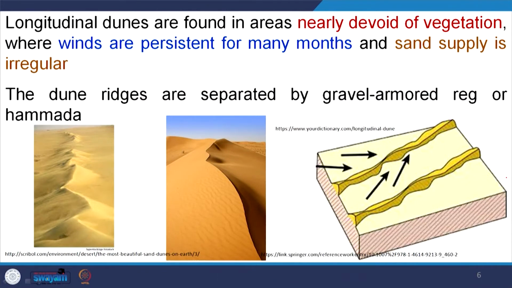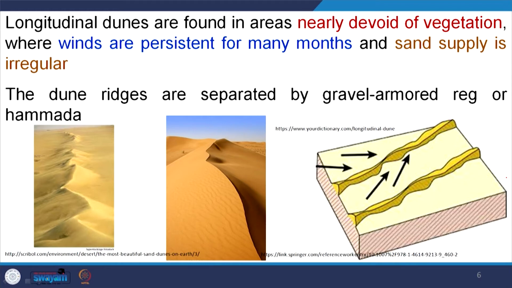Longitudinal dunes are found in areas nearly devoid of vegetation, because when we are talking about a longitudinal dune of hundreds of kilometers, to distribute the sand in a linear fashion up to that distance the area should be devoid of any obstacle. Areas having vegetation will not allow such an undisturbed dune to form over a long distance.